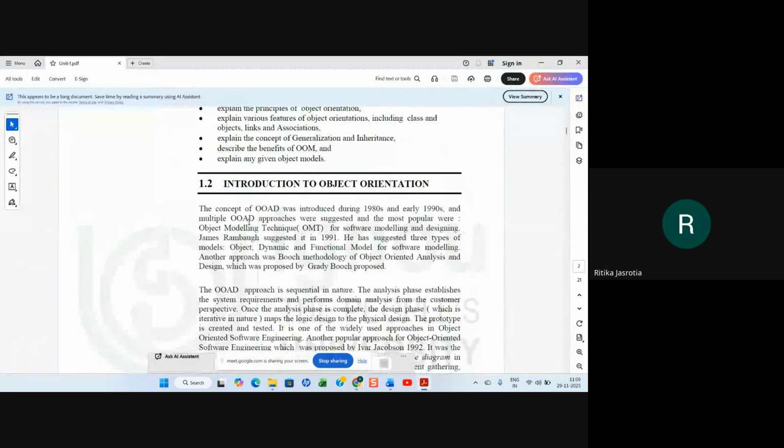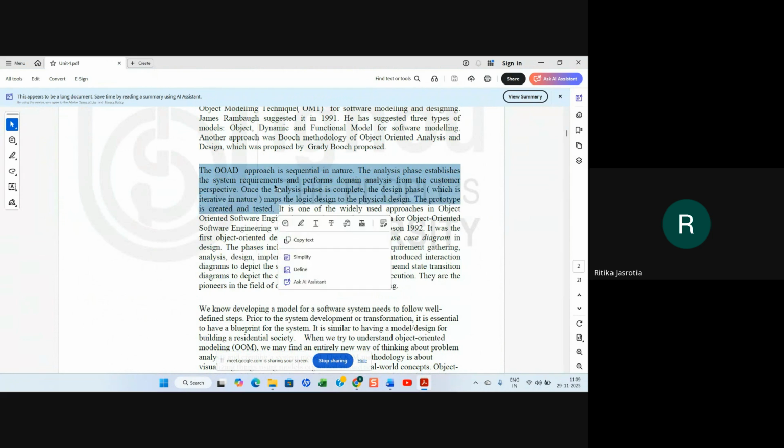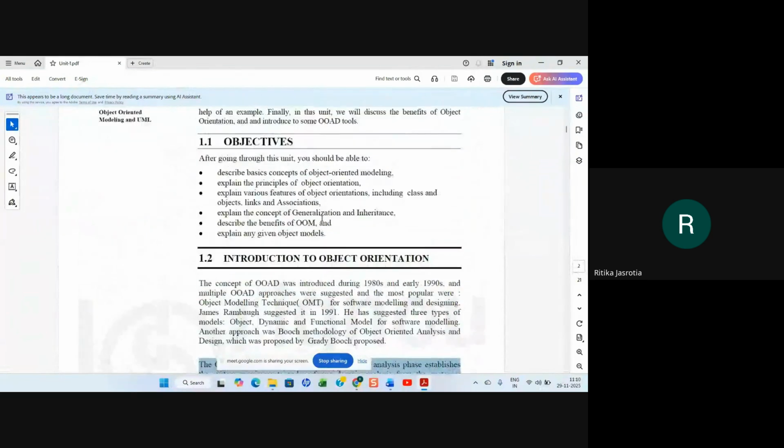So from here you can see they are explaining about OOAD somewhat. Some things have been explained here, that OOAD is sequential in nature. The analysis phase establishes the requirements. OOAD is object oriented analysis and design. So you have to give the full form also.